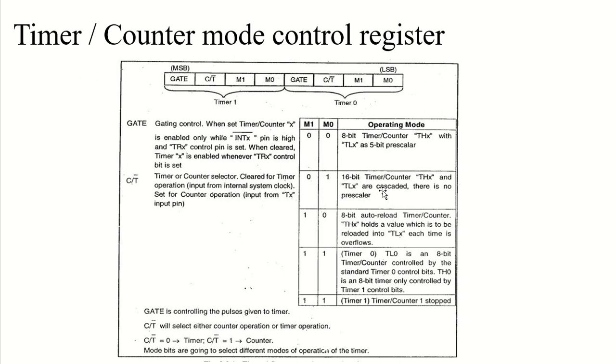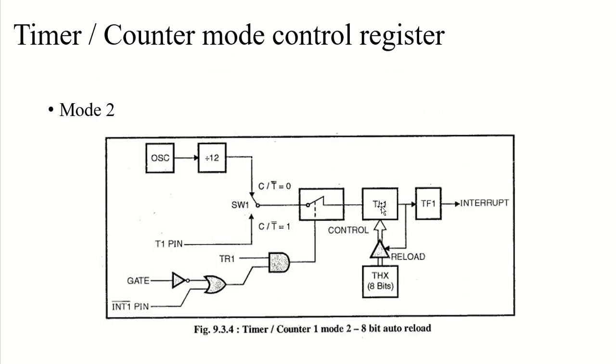THX and TLX are cascaded without a prescaler. So the only difference between mode 0 and mode 1 is the size. In mode 0, the timer counter was a 13-bit timer counter, but in mode 1 we have a 16-bit timer counter. Okay.